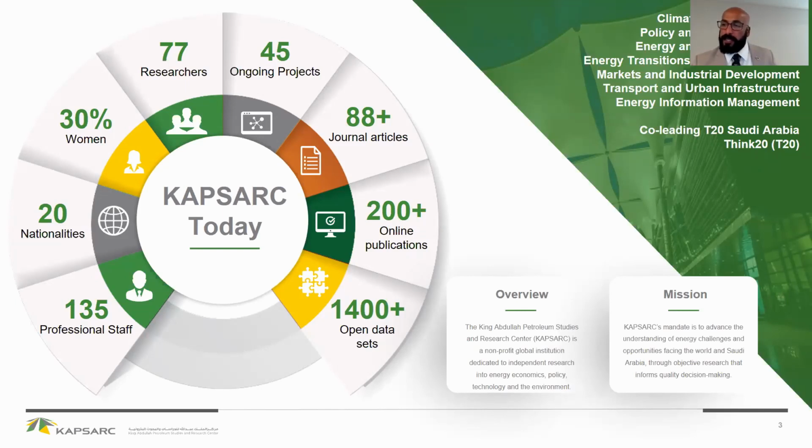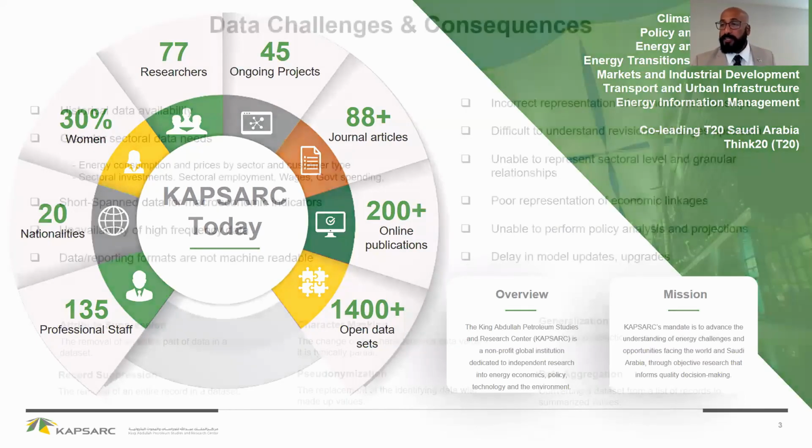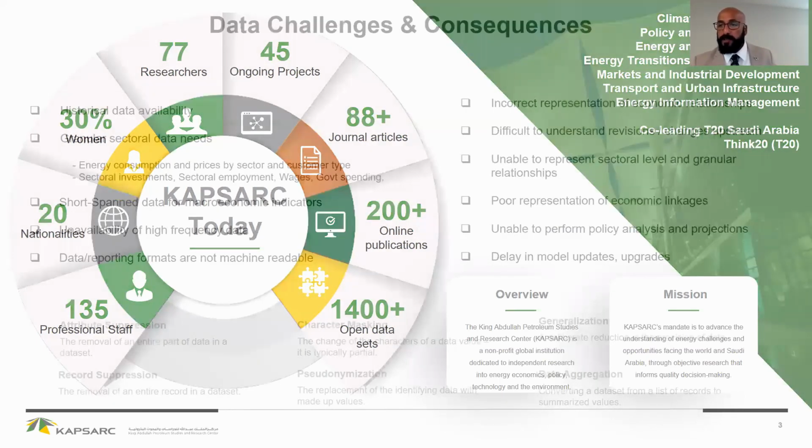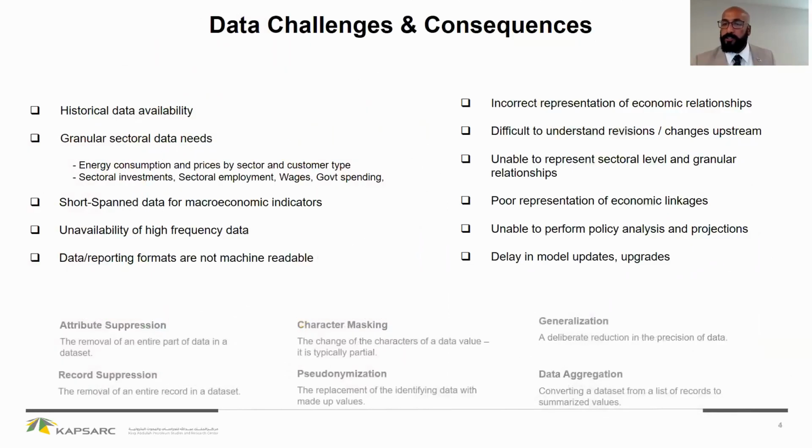And I represent energy information management. It's a parallel program which cuts through all of these initiatives from a data, model, and tools viewpoint. We can move on to the next. We are a non-profit energy think tank, and we advise and create the research that is consumed by the policy stakeholders in the region and worldwide.